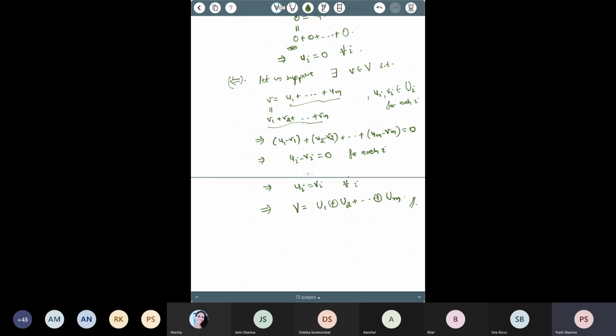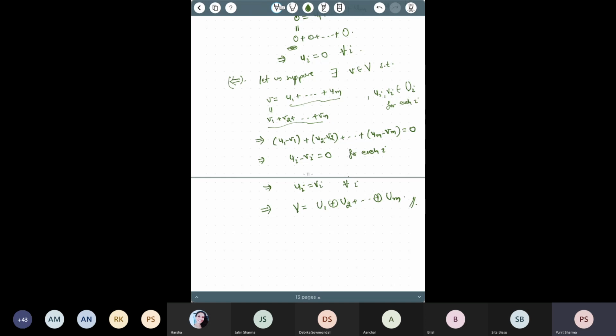Fine. So now you have a way to check whether a given vector space is a direct sum of given subspaces or not. But before this result you mentioned a result using the intersection. In fact, when you are given only two subspaces, that argument will work.